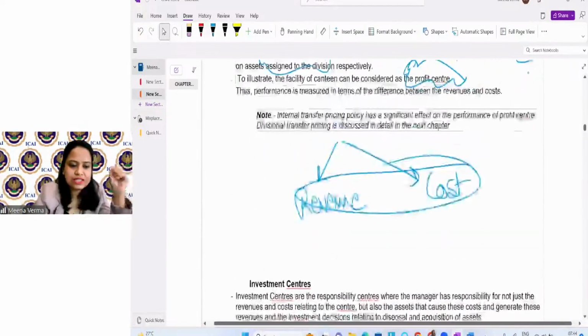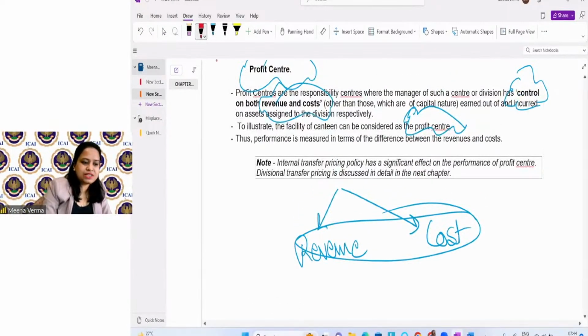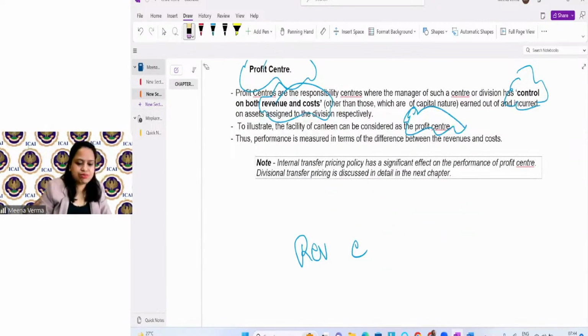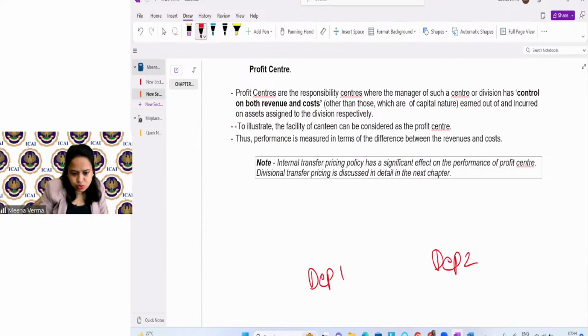And you will see, this is something I will teach you in your transfer pricing chapter. That will be your next chapter. So let me explain it here also. Profit center. So generally what will happen, department 1, department 2. When you want to transfer your goods from one department to another department, right?